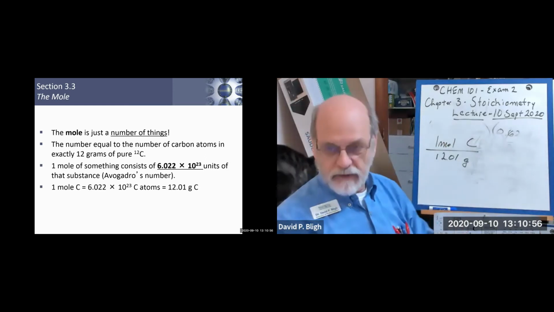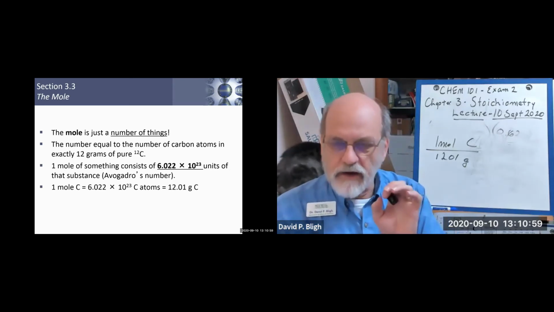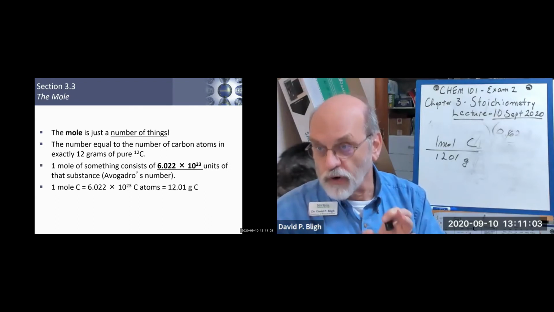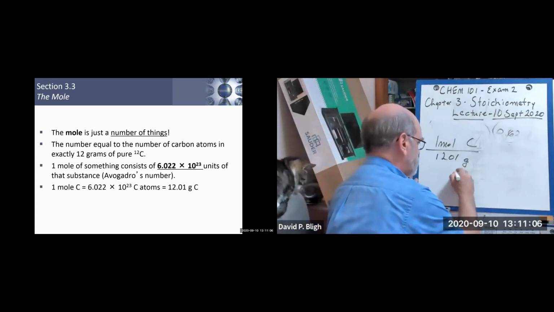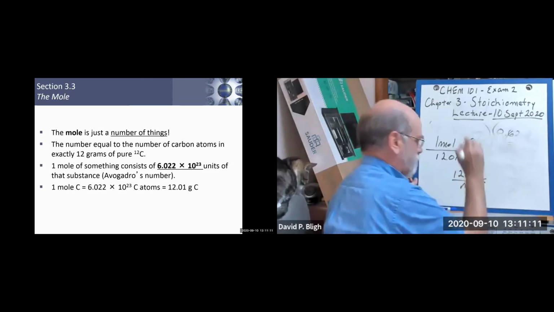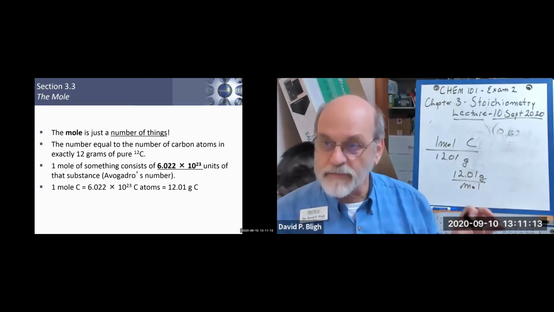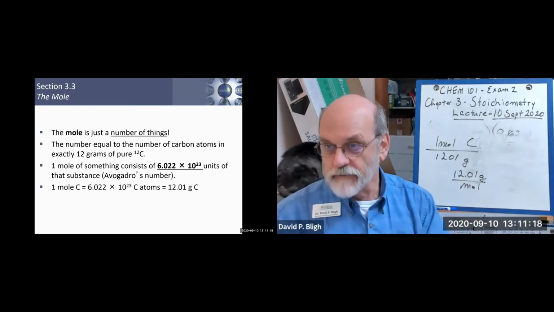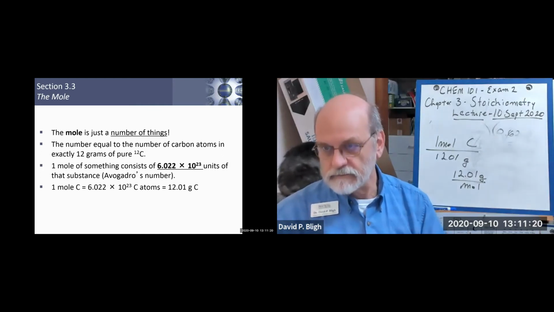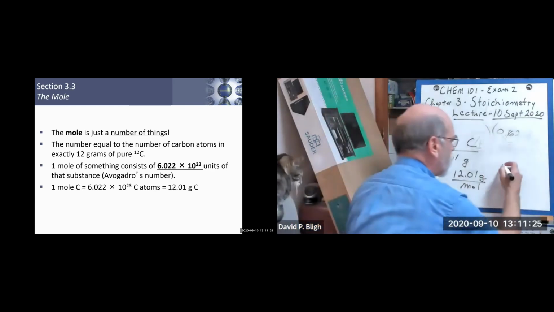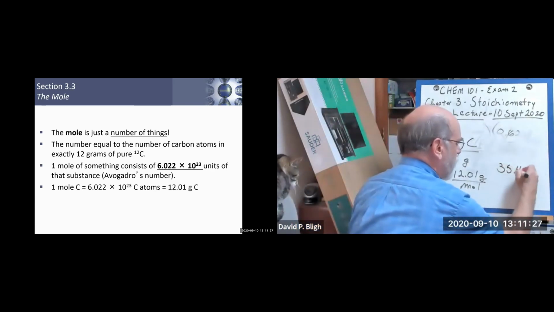And in fact, another name for that number in your periodic table is molar mass. So 12.01 grams per mole is the molar mass of naturally occurring carbon. Chlorine will be 35.45 grams per mole.